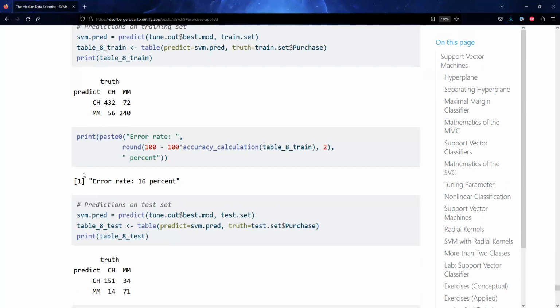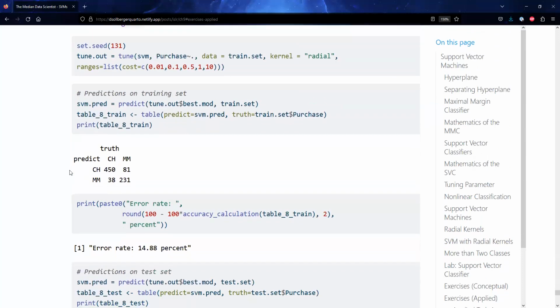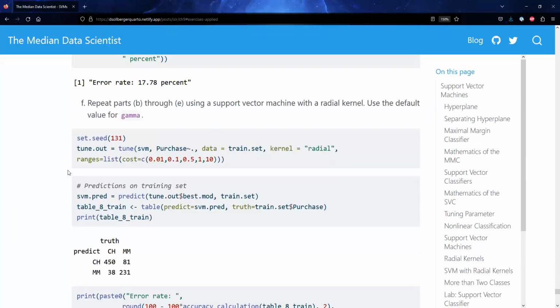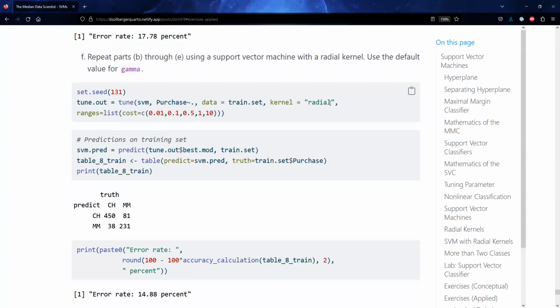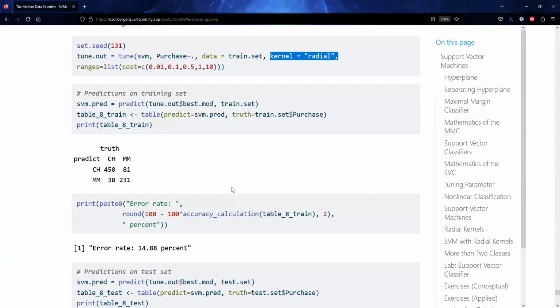So then you, the machine learning analyst, would then try this out on a radial kernel. Nice thing is at this point, you just copy paste the code. You only need to change out the kernel. On the training set, the error rate is about 15%.